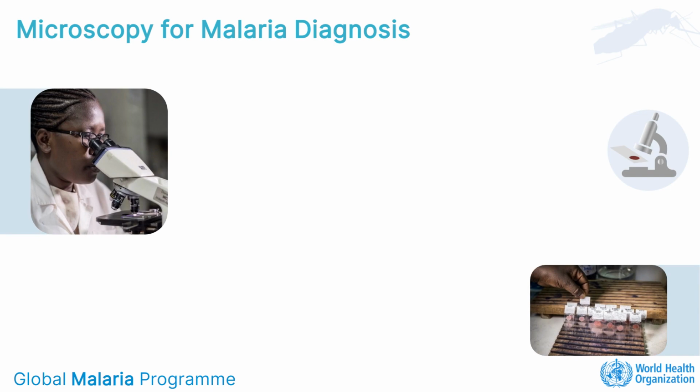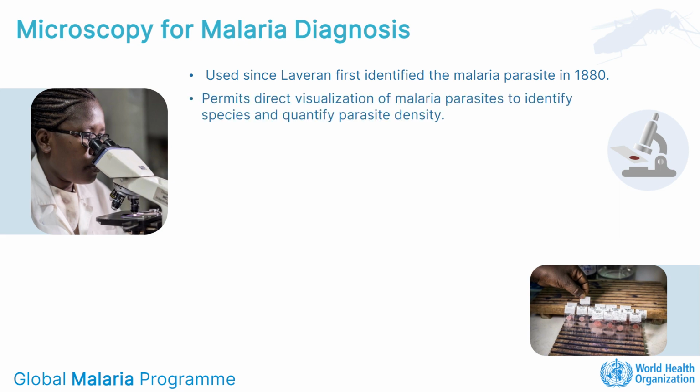Microscopy has been used to diagnose malaria since Laveran first identified the malaria parasite in Algeria in 1880. Microscopy is a powerful diagnostic method enabling the direct visualization and quantification of malaria parasites. Expert microscopists can detect parasite densities between 40 and 100 parasites per microliter.